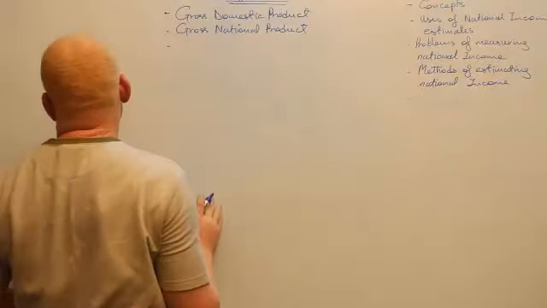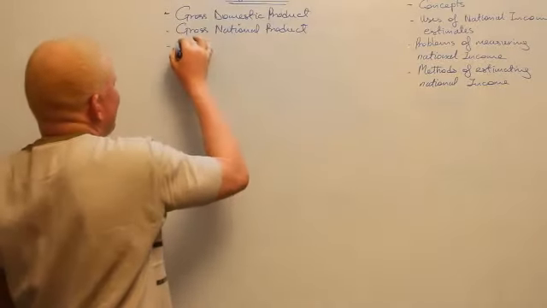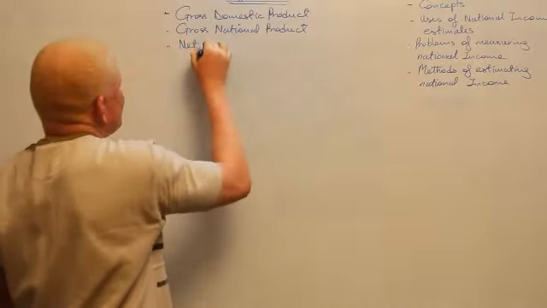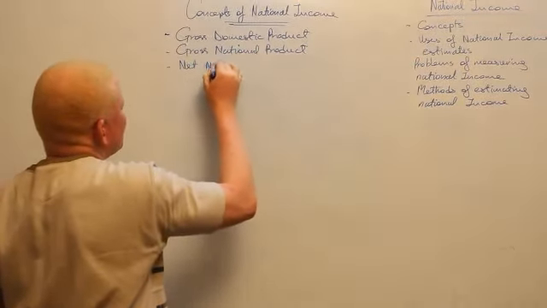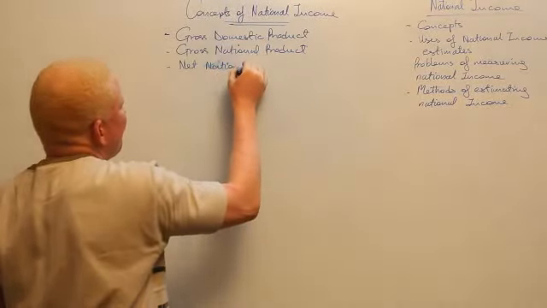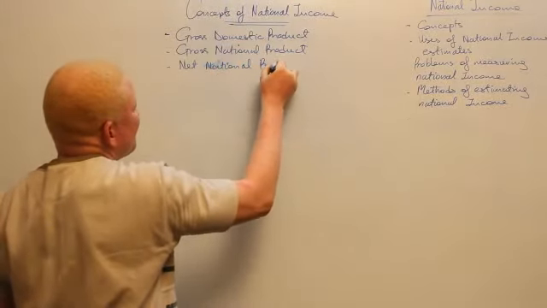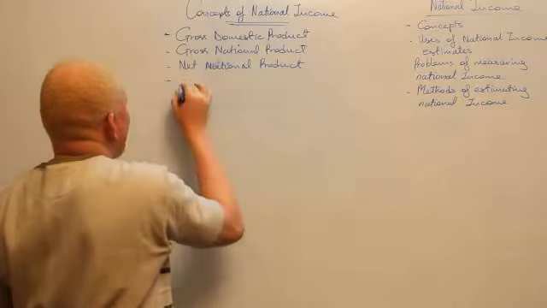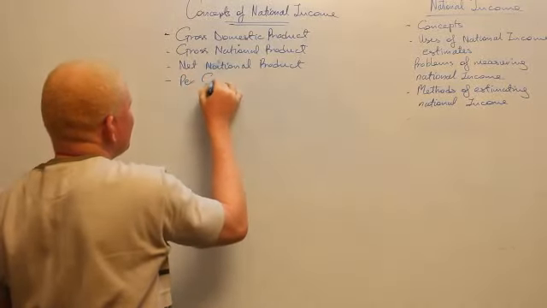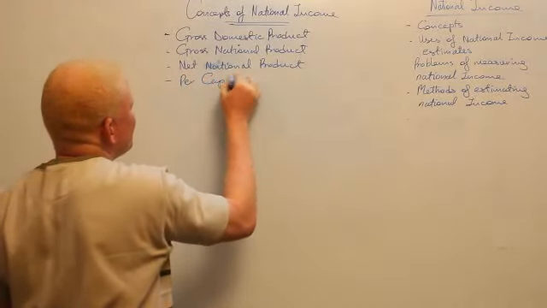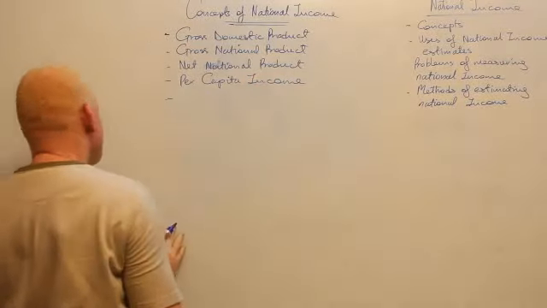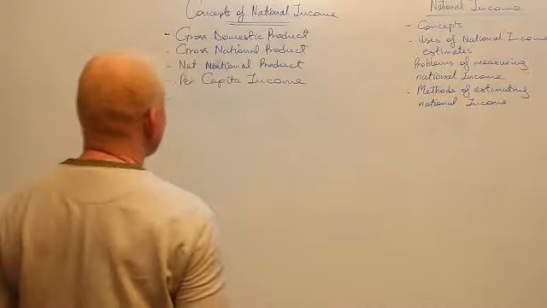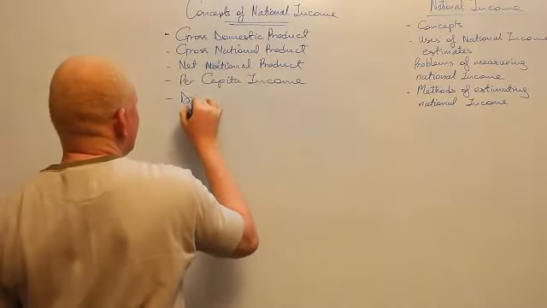We have the net national product. We have the per capita income. We have the disposable income.